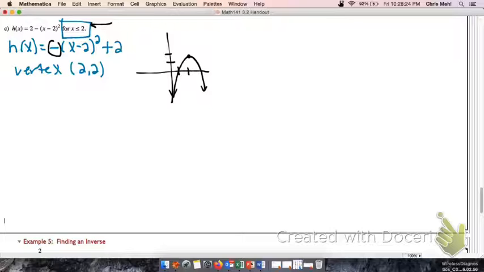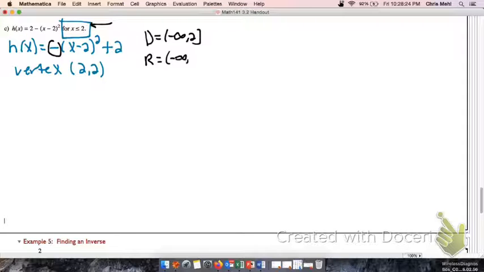If you look at the graph as written on the right, it doesn't pass the horizontal line test, so it's not one-to-one. But if you erase the right half of the graph and only look to the left of the vertex, restricting the domain, the graph of just the left side of the parabola is a one-to-one function, so it does have an inverse.